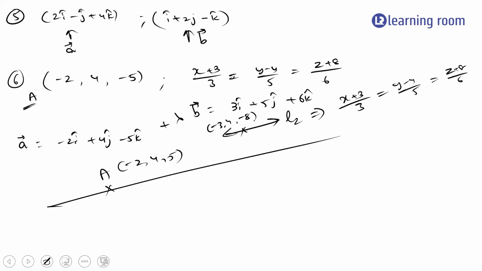That is what I asked in the beginning: that is the most unwanted data in this question. The denominators are the direction ratios of that line, so the direction ratios of L2 are 3, 5, 6. Since L1 is parallel to L2, it will be lambda times those direction ratios.